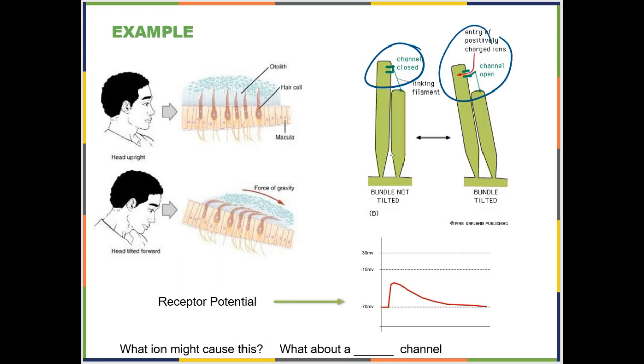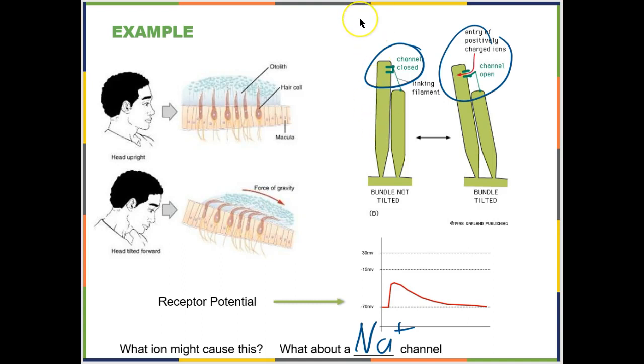Here they have entry of some sort of positively charged ion. Can anybody think of an ion that would flow into a cell and cause the inside to become more positive? Maybe sodium, so we'll put that in there, right? So it's just like the rising phase of the action potential, or an EPSP from Anatomy and Physiology 1.